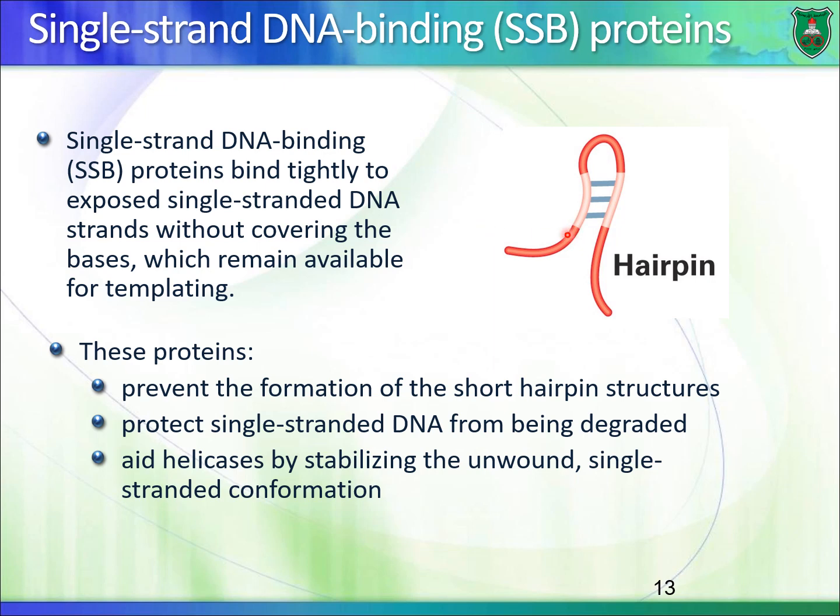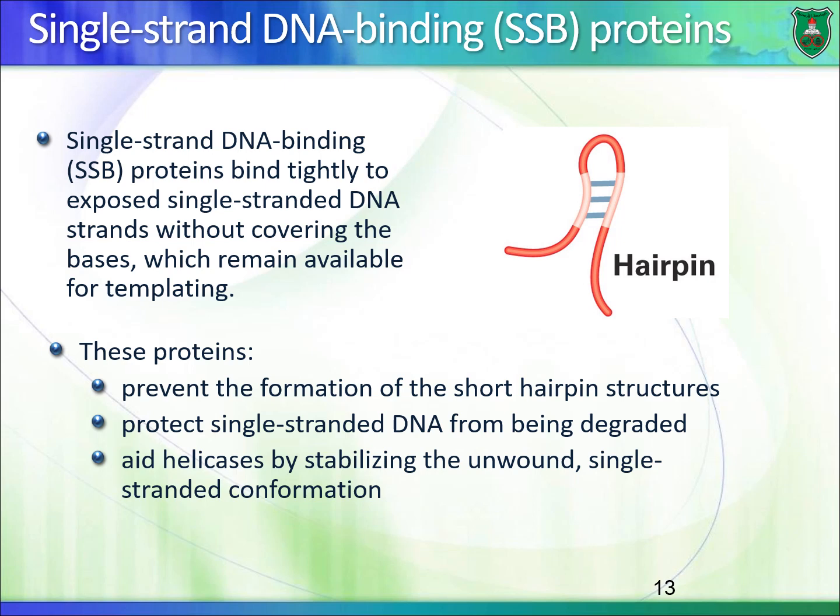Now, what hairpin structures do is that when the DNA polymerase goes on to synthesize DNA, these hairpin structures block the movement of the DNA polymerase. So what single-strand DNA binding proteins, or replication protein A, do is prevent the formation of these hairpin structures, so DNA polymerase continues with the DNA synthesis.